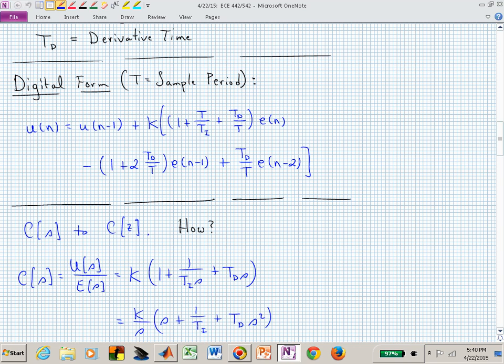And how did we go from S to Z, or what did we call that earlier in the semester? Do you remember? That process of taking a filter or a controller and taking it from the analog into the digital. We had a name for that. What did we call that?